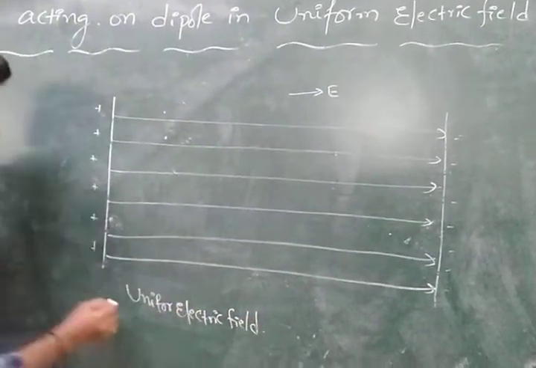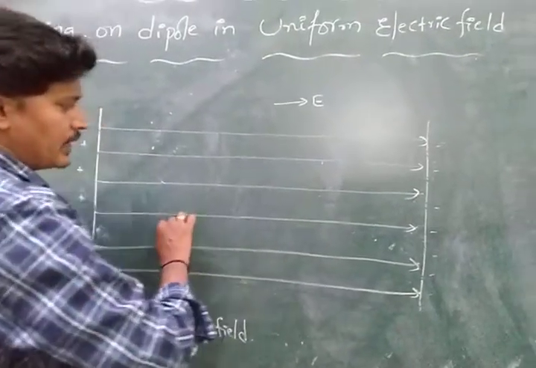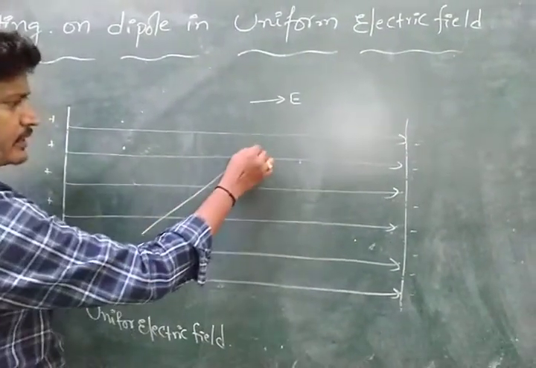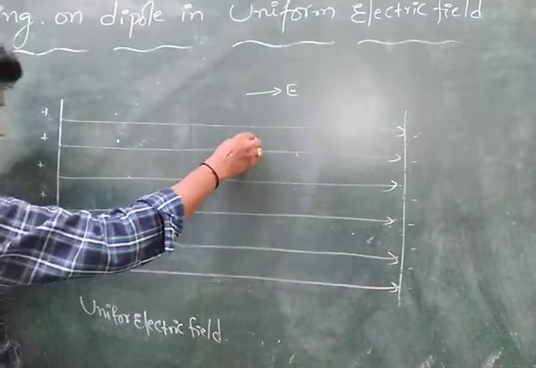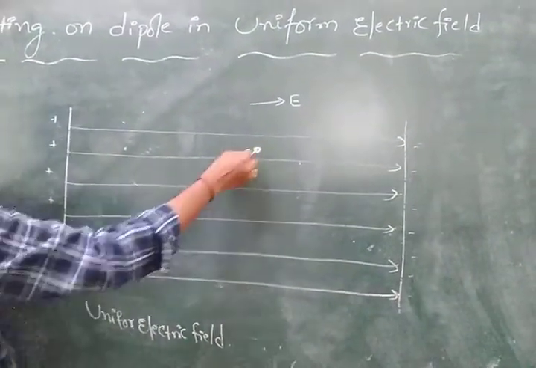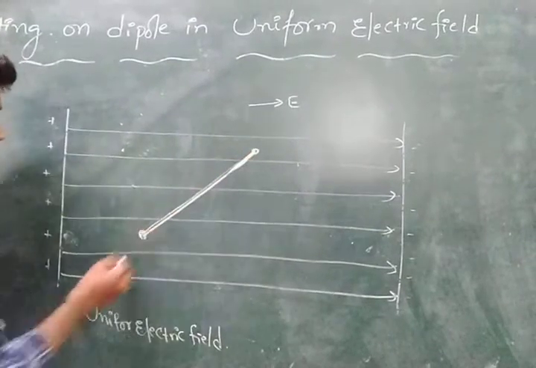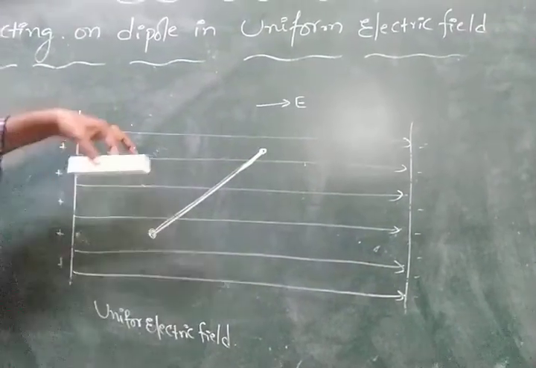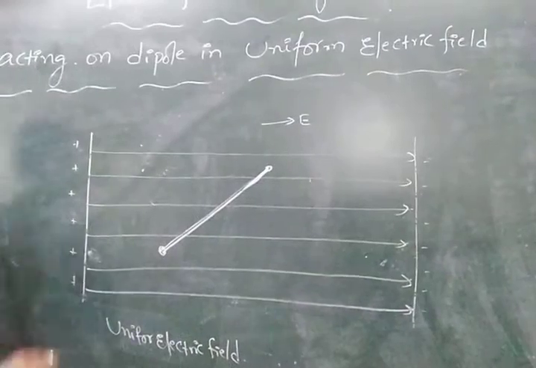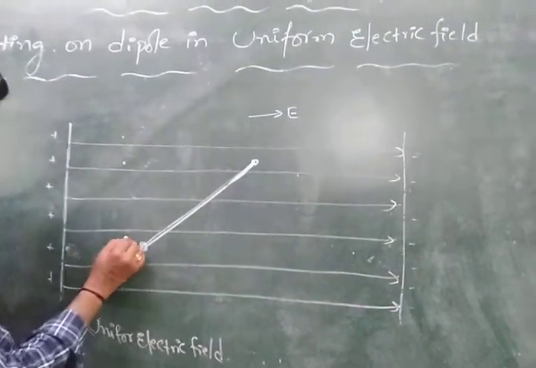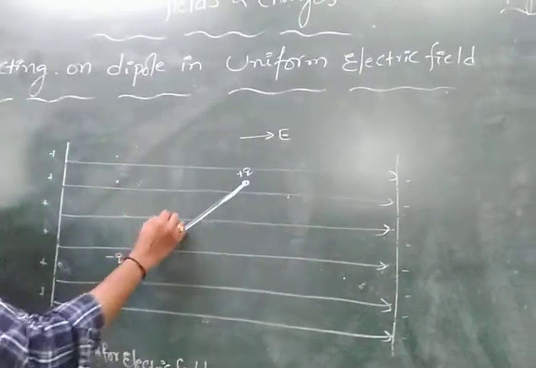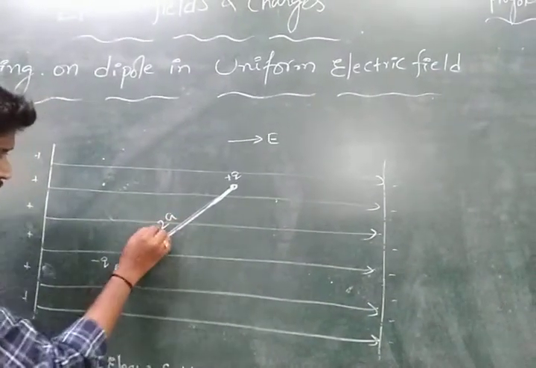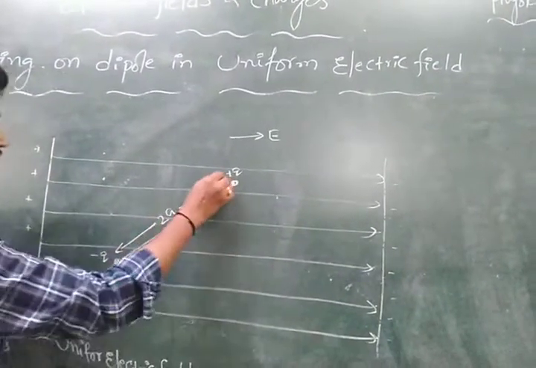Whenever this dipole is held or suspended freely in a uniform electric field, this is the dipole, with a negative charge and a positive charge separated by a distance 2a in space.